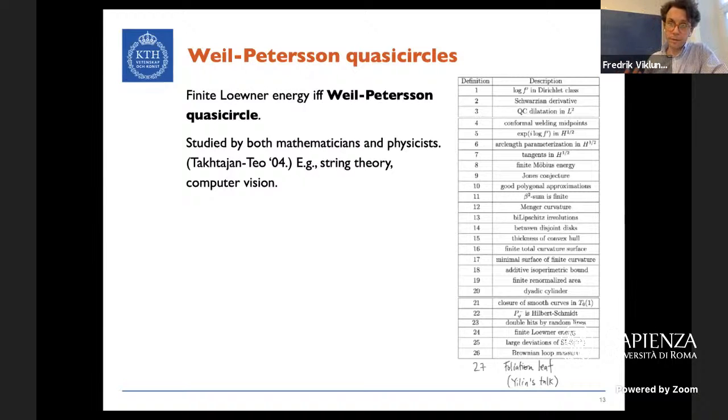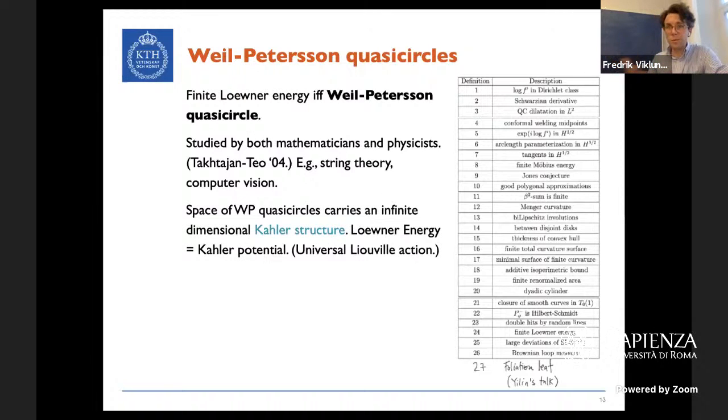There is a monograph by Takhtajan and Teo from 2004, and somehow this class was of interest to physicists in some aspects of string theory, and also, for instance, in Mumford's program on theory of shapes within the theory of computer vision and so on.